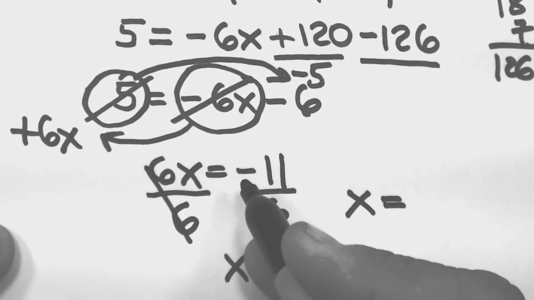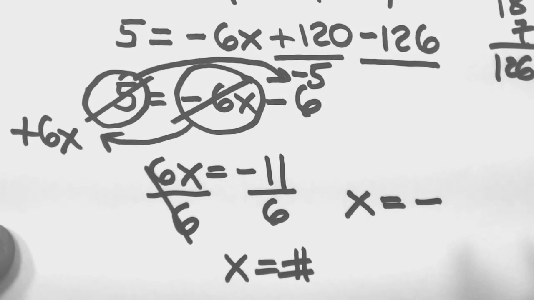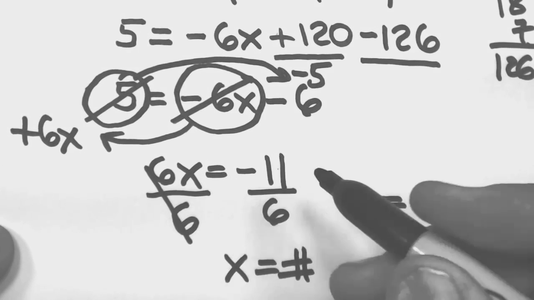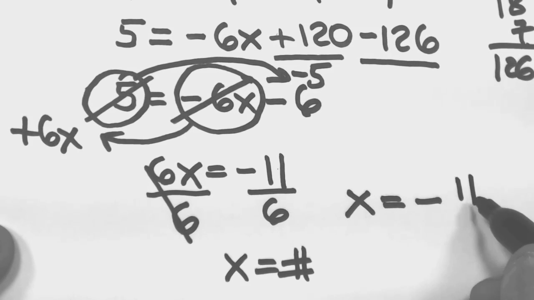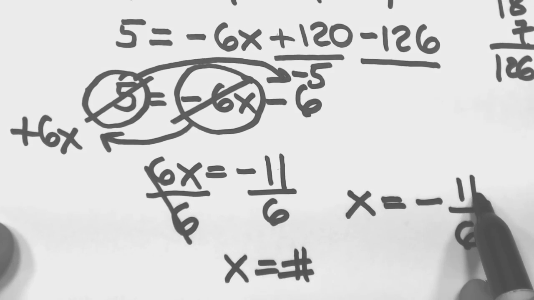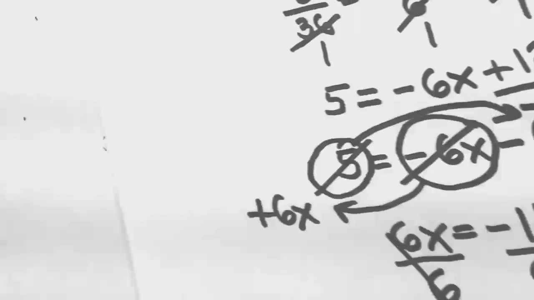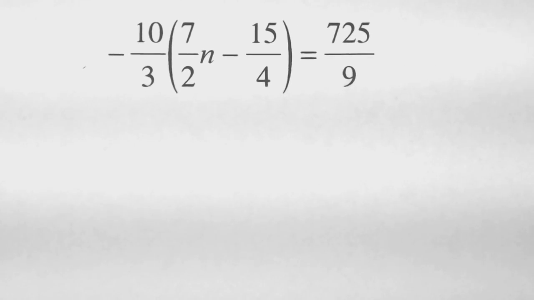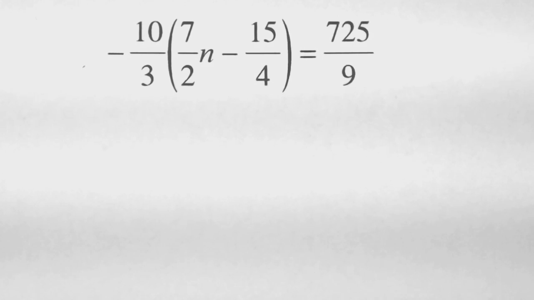X equals, there's a single minus sign, so I put it right out in front. And the 6 doesn't reduce into the 11, so I can just leave the final answer as an improper fraction. X equals negative 11/6.